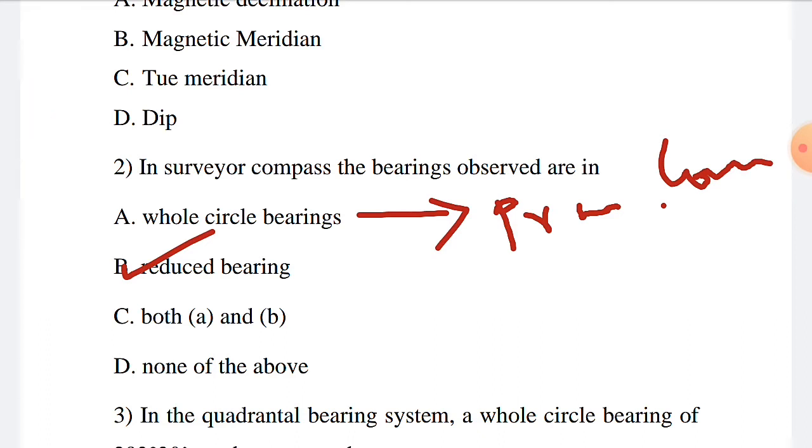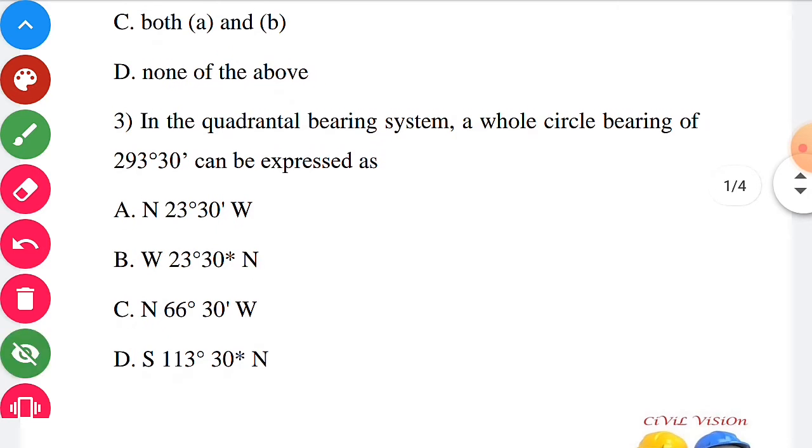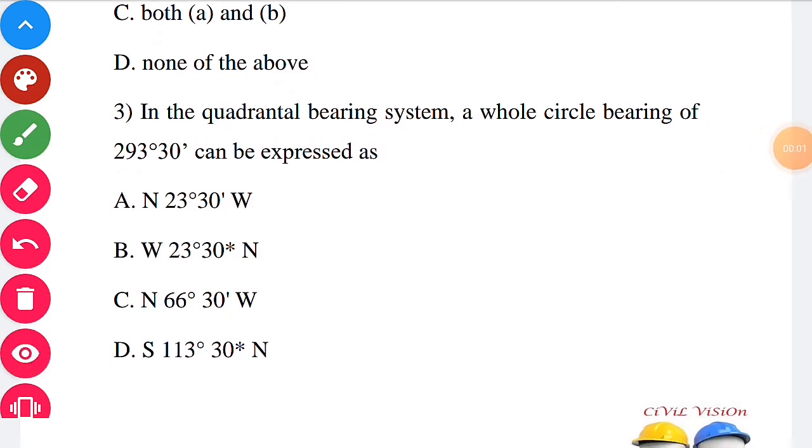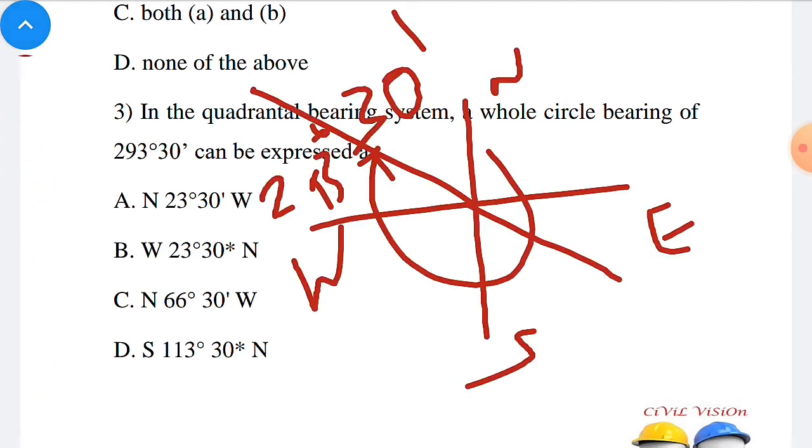Third one. In quadrantal bearing system, a whole circle bearing of 293 degree 30 minutes can be expressed as. Let us consider a diagram. It shows the whole circle bearing of the surveyor line as 293 degree 30 minutes. Find the quadrantal bearing. The quadrantal bearing starts either from true north or true south.